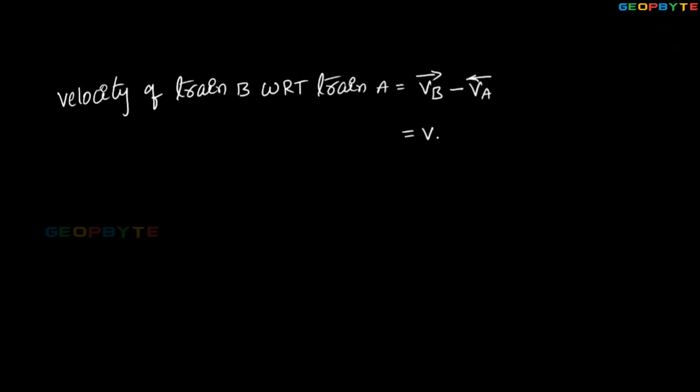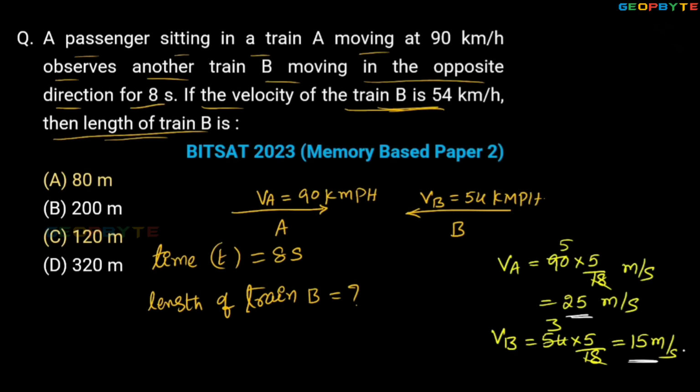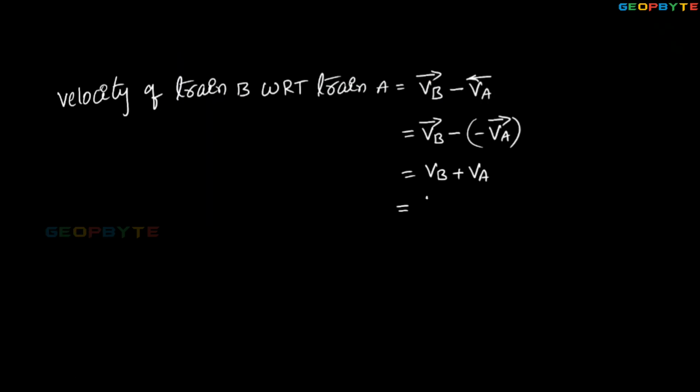Therefore, it is indirectly VB minus of minus VA, so it is equal to VB plus VA. VB equal to 15, VA equal to 25. 15 plus 25 is equal to 40 meter per second. That is the relative velocity.